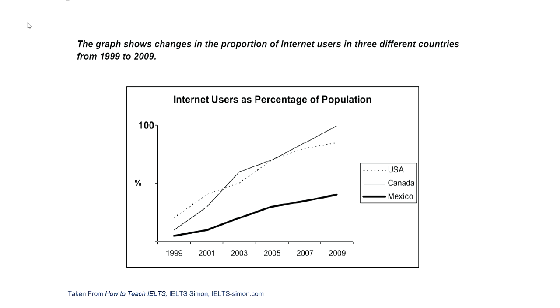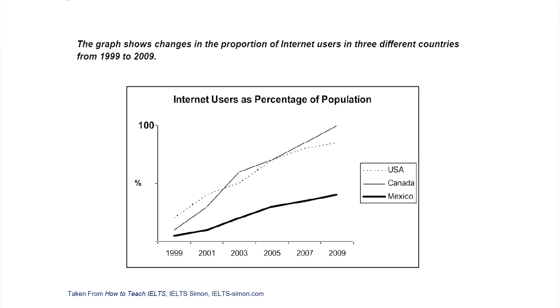Now, a really big problem that many IELTS candidates have is that they're not sure how to understand the information on the chart, and they're not quite sure how to interpret the data. So the first thing we're going to do is look at this graph, and I'm going to show you what kind of things you really need to be looking for when you're checking out these graphs.